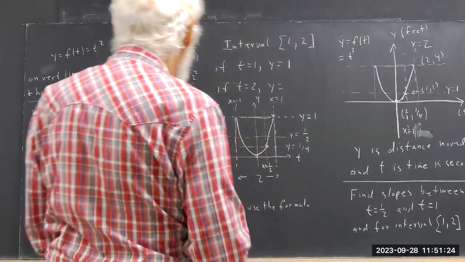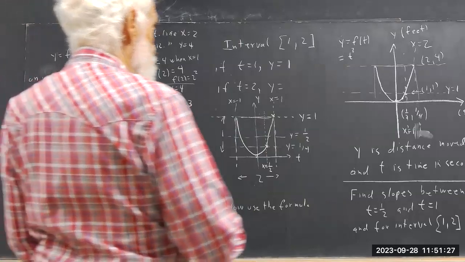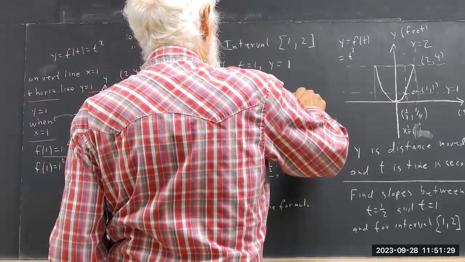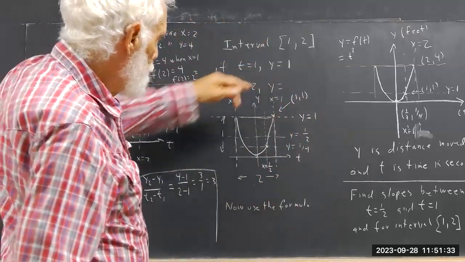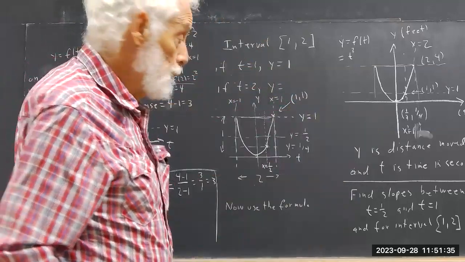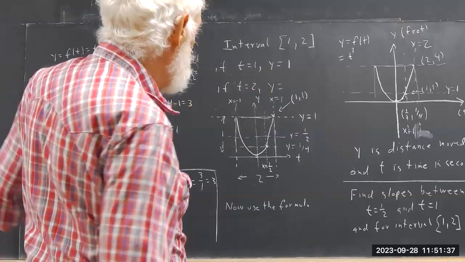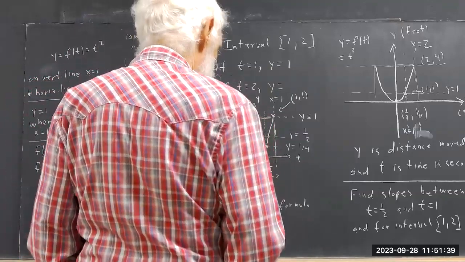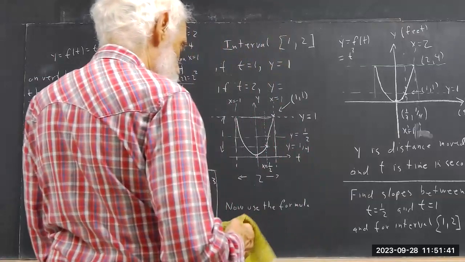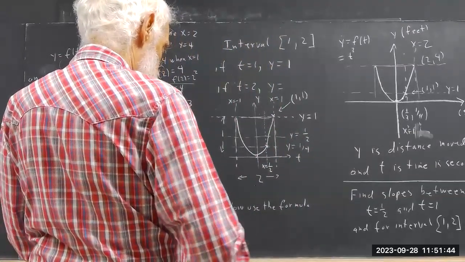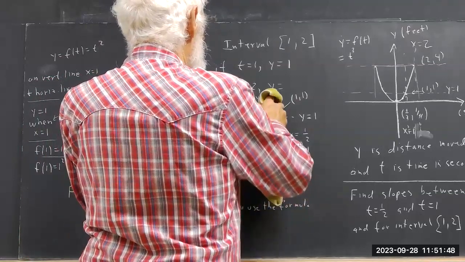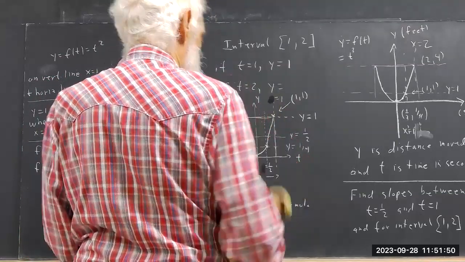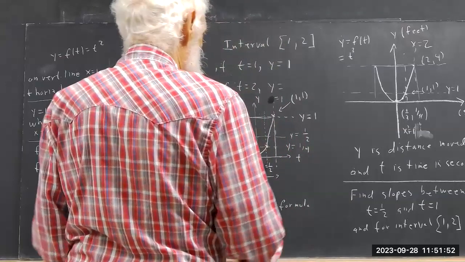So now I write the coordinates of my points. This point here is 1, 1, because it's on the line where x equals 1 and the line where y equals 1. That's actually t equals 1. I should use t instead of x. If you slip up and use x, it doesn't cause confusion, I don't have a problem with it, but let's go ahead and be correct here.